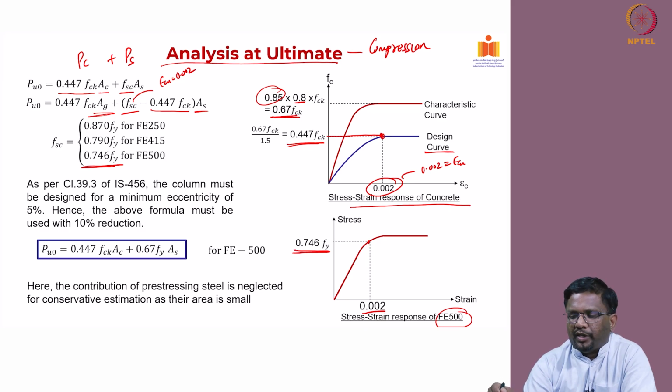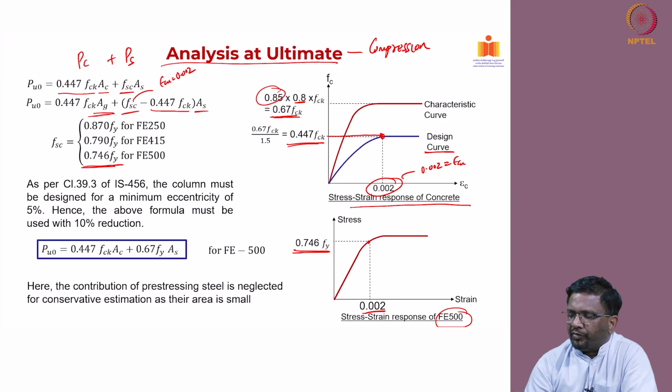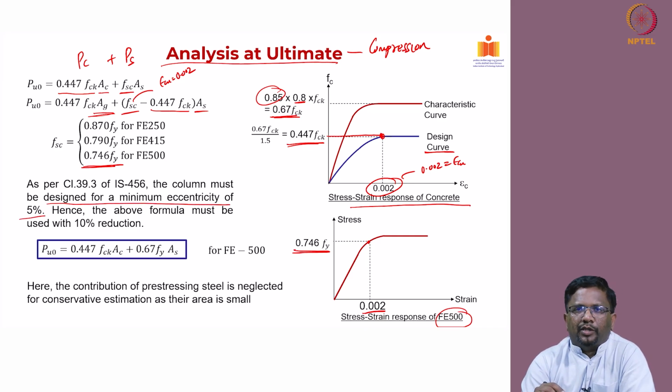So, then Pu naught for Fe 500 will become 0.447 fck times Ag plus 0.746 fy minus 0.447 fck, into As. As per clause 39.3 of IS 456, the column must be designed for a minimum eccentricity of 5%. What does that mean? As we said in the introductory slide itself, pure compression or pure tension is an idealized situation, but in reality members will always be subjected to some eccentric loading.